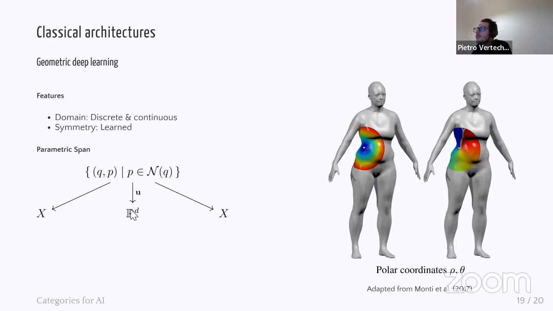Then this local coordinate actually forms our weight sharing map pi. So we see that all the geometric layers within this classification by Monti et al. are also part of our framework.